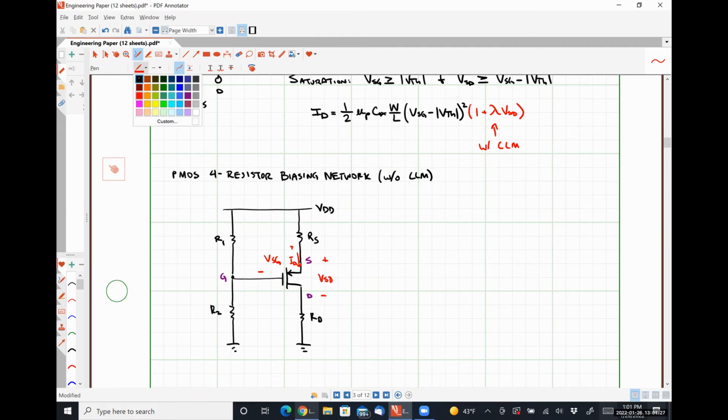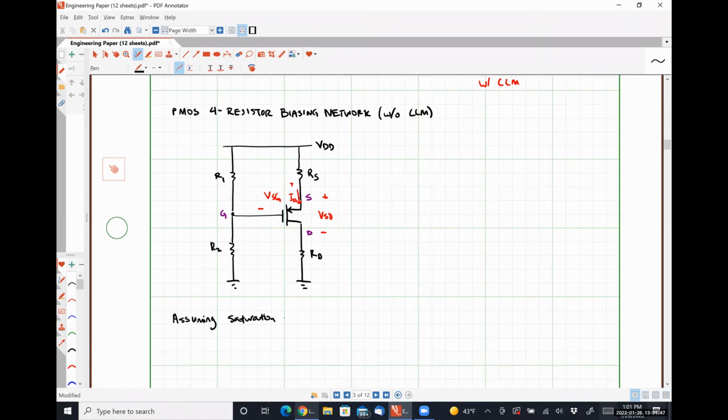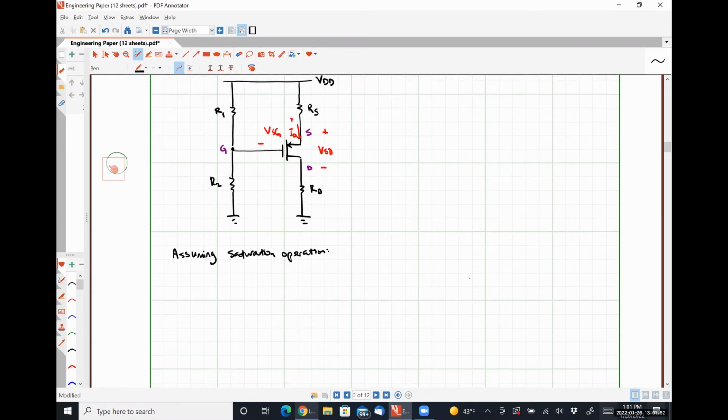So we'll start by assuming that A, the device is on, and B, it's on and operating in the saturation region. We can easily see that VG is equal to VDD times R2 over R1 plus R2.